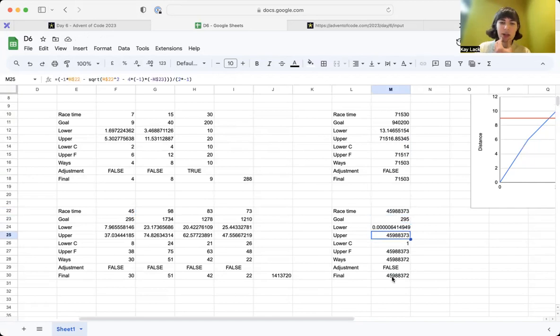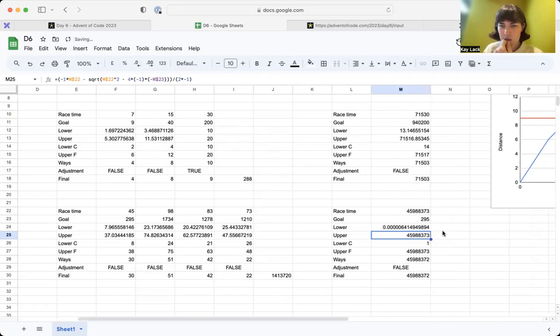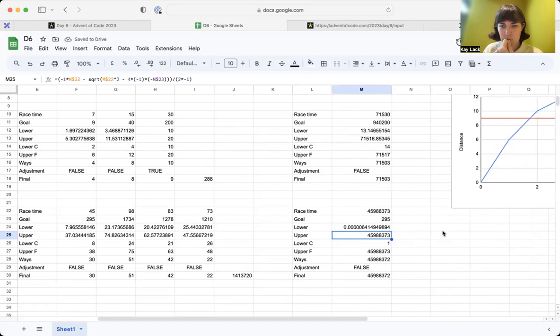We've got a whole number upper bound, which should be adjusted for. I would say.